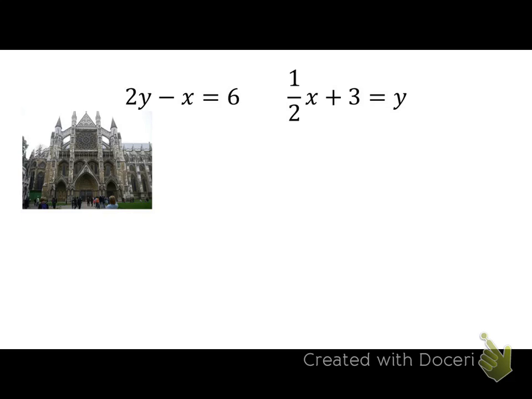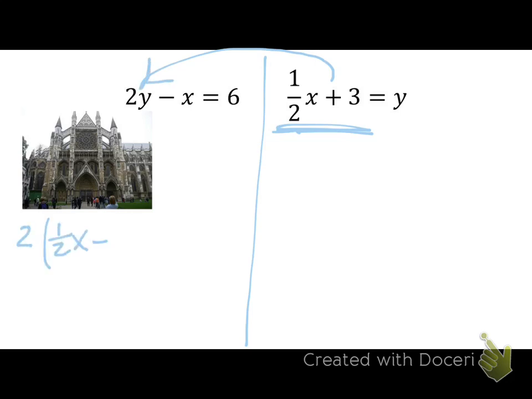Okay, it looks like this one's by itself. So let's go ahead and plug this in for my y. So we're going to get 2 times 1/2 x plus 3 minus x, because we can't forget about him, equals 6. Distribute our 2. 2 times 1/2 is just 1x. 2 times 3 is 6.